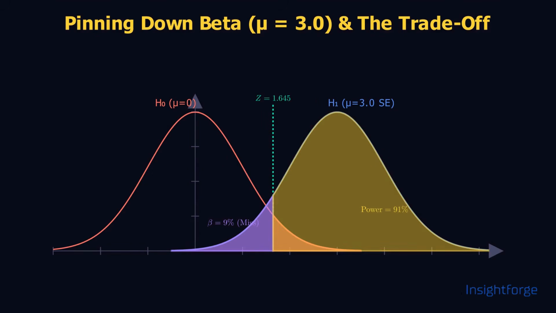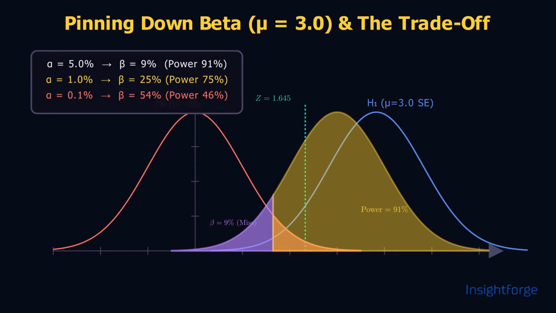It represents a real effect looking so ordinary that we walk right past it. With our line still at 1.645, that missed detection area is about 9%. But if the true effect is smaller, that second bell curve slides back towards the first, the overlap grows, and beta climbs. There is no single type 2 error rate for a test, there is only beta at an effect size you are willing to commit to.